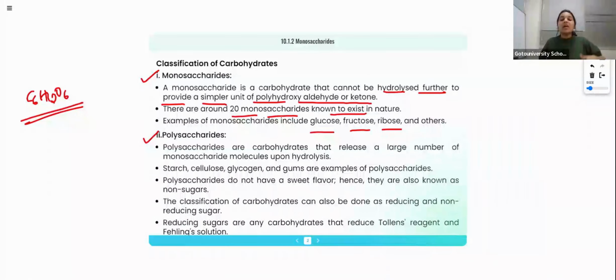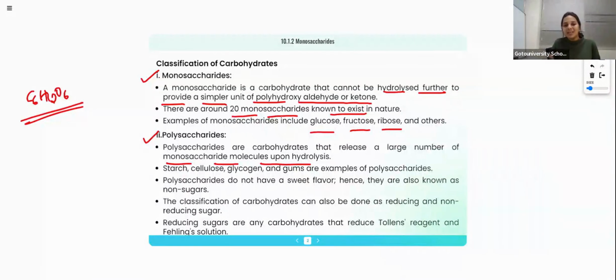It will be the opposite. Polysaccharide means we can divide them into simple units. Polysaccharides are carbohydrates that release a large number of monosaccharide molecules upon hydrolysis. When you try to break a polysaccharide molecule, it will produce more than one monosaccharide.